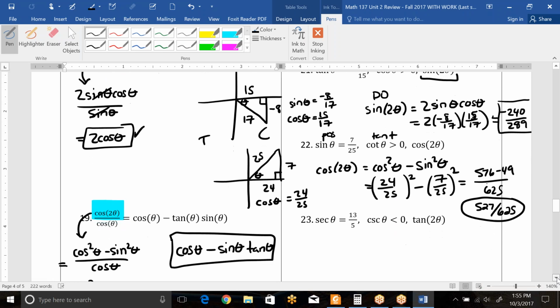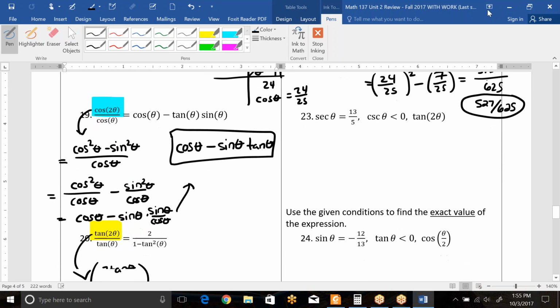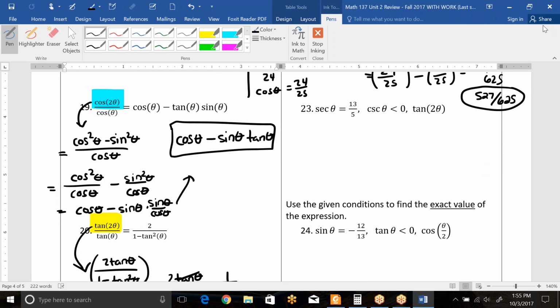Okay, for number 23, we were given that secant is 13 over 5, and cosecant is less than 0. So secant, remember, has to do with cosine family. So cosine's positive, and cosecant has to do with the sine family, and it's less than 0, so that's negative. So cosine being positive, but sine being negative, that's in quad 4.